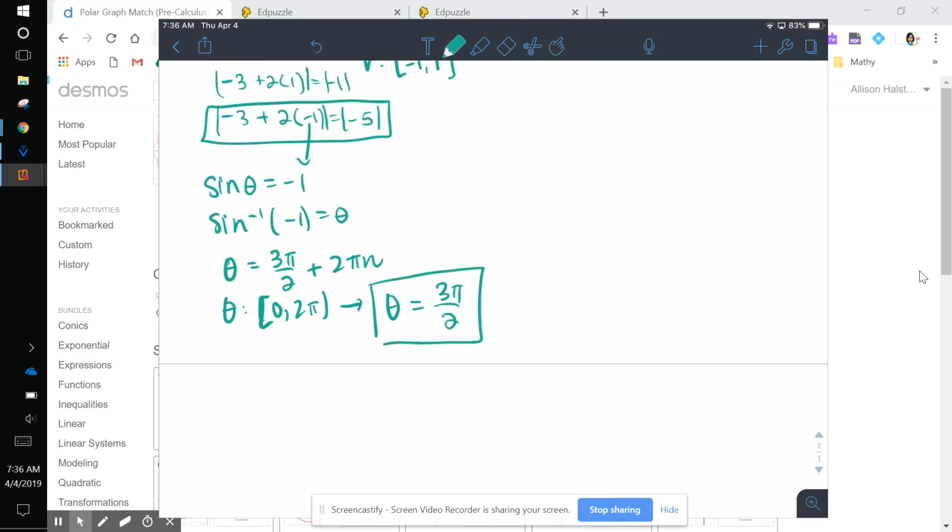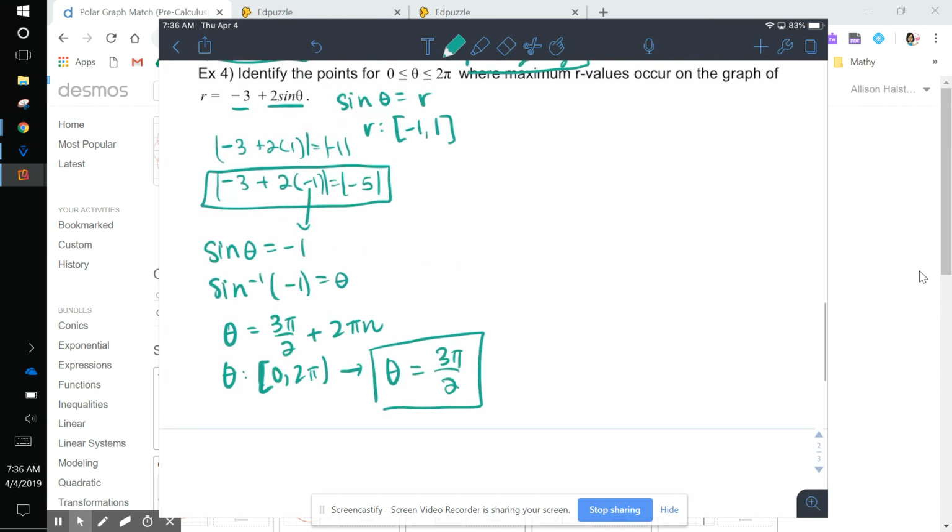When I plug this back into my equation to check, r is equal to -3 plus 2 sine of 3 pi over 2. I get -3 plus 2 times -1, which gives me a radius of -5.